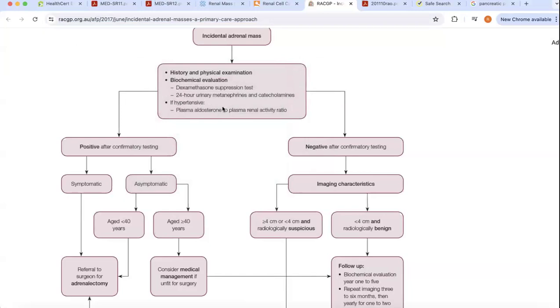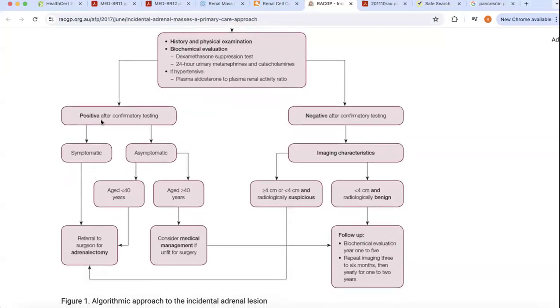So you check all the hormones secreted from the adrenal gland to see if it is biochemically active. If anything is positive and the patient is symptomatic, will go for adrenalectomy.